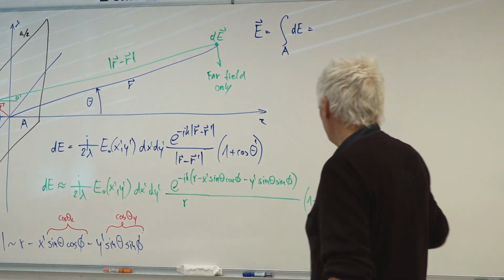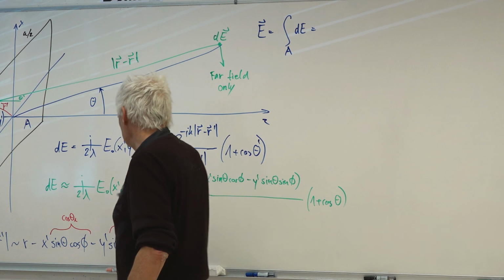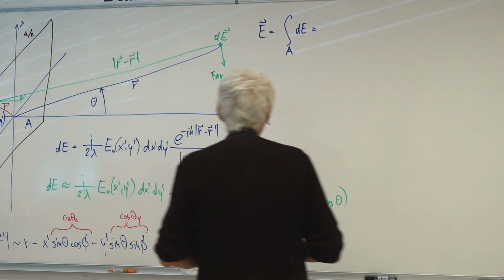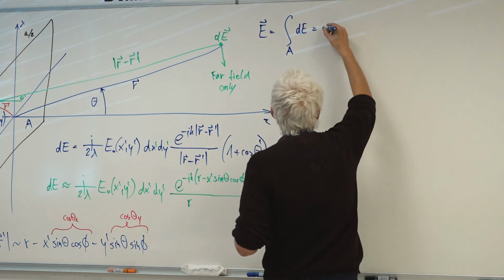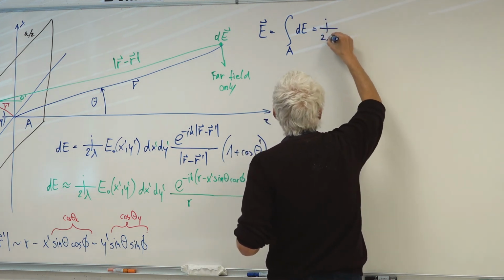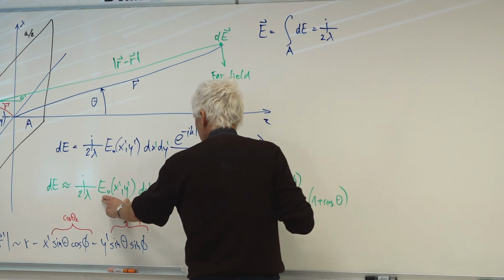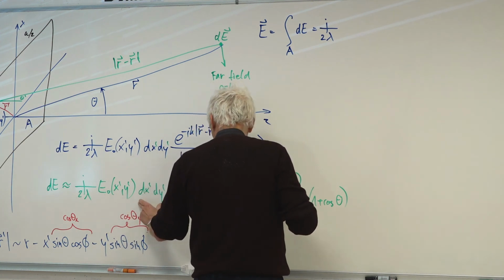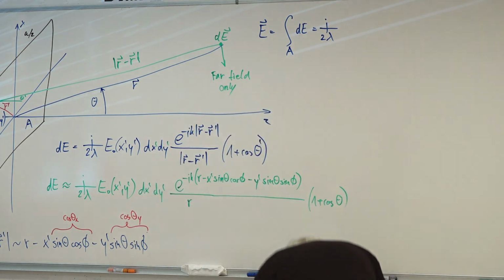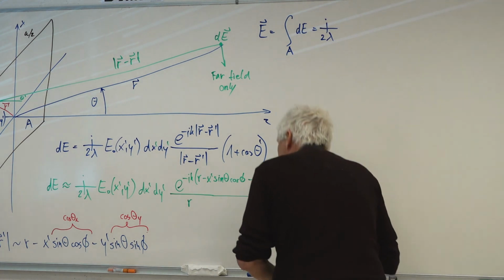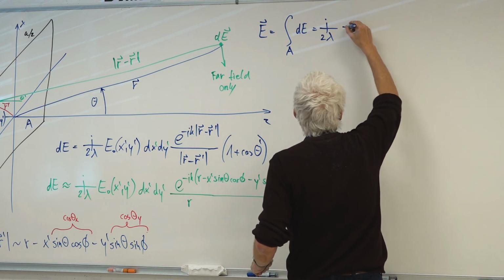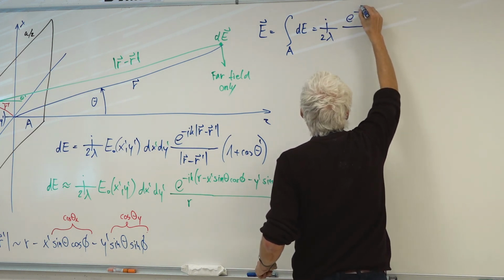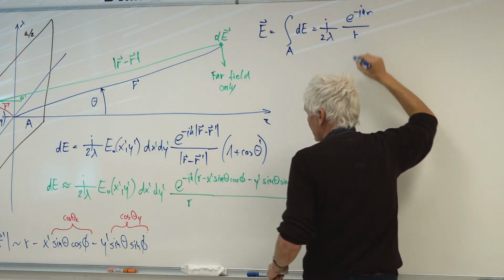Now, here I have really many constants that I can usually take out of the integral. Like j over 2 lambda, that is a constant. This is not a constant. This is the differential of the integral. Here I have something constant. I have e to the minus jkr over r.